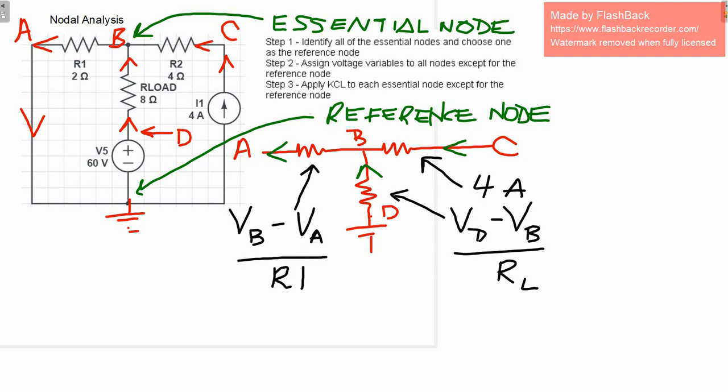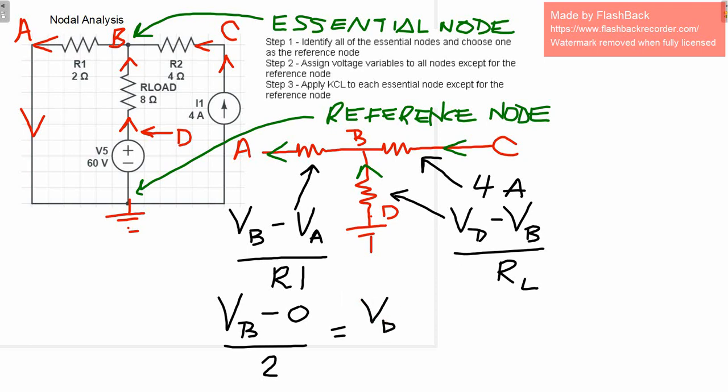And then what we're going to do next is put that all together in the form of an equation using KCL. We need to note what currents are going into the node and what currents are exiting the node. So we have VB minus 0 because really VA is the ground point when you look at it. So we can put that as VB over 2. That's the current exiting.